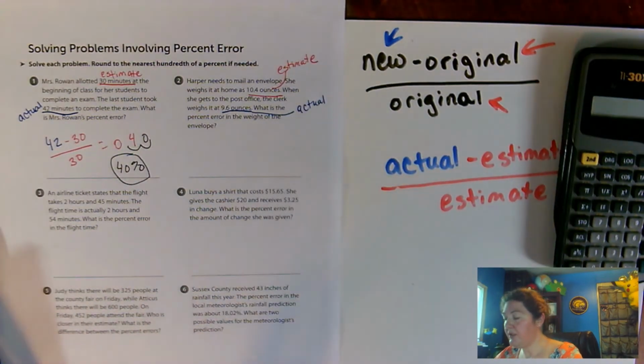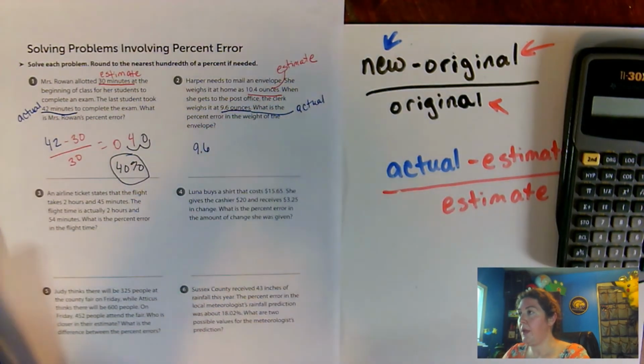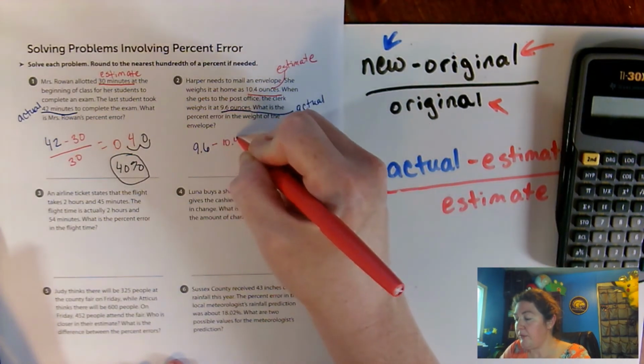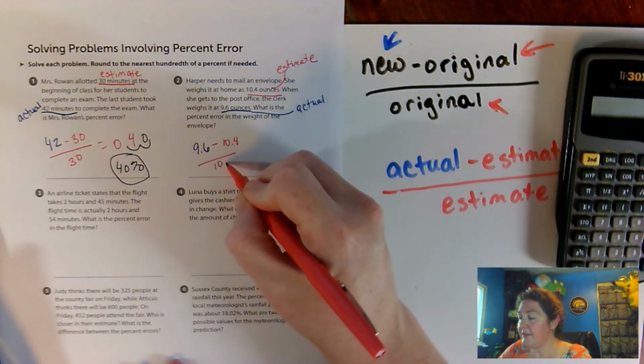So let's plug this into my formula, just like over here. My actual is 9.6 minus my estimate, 10.4, divided by my estimate.